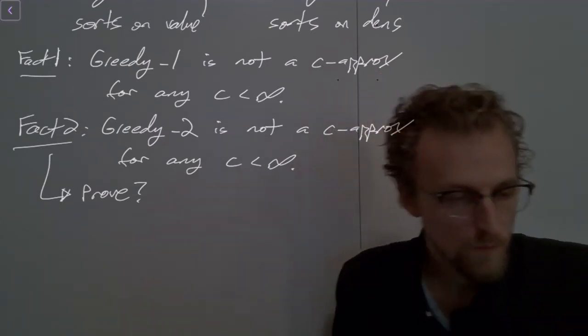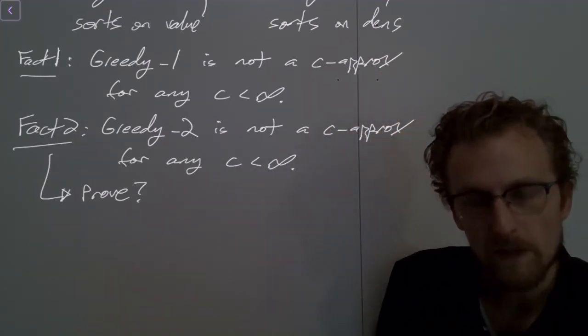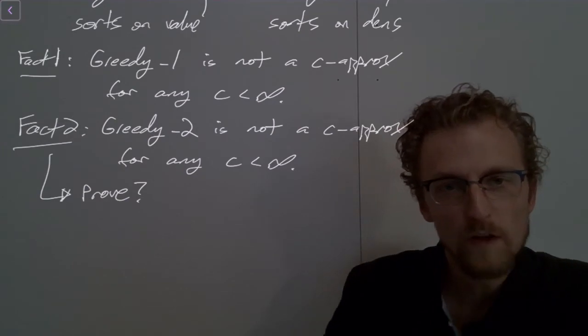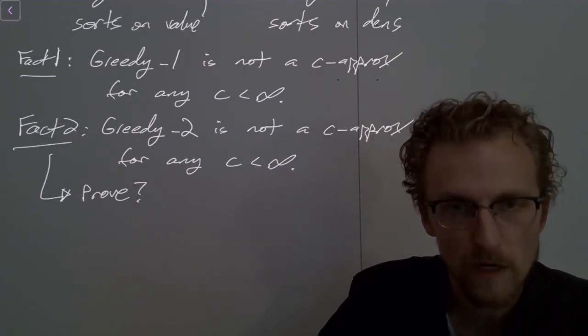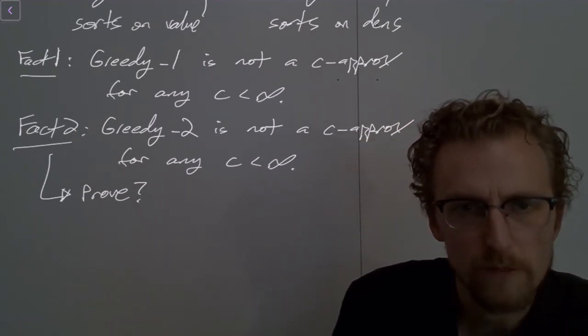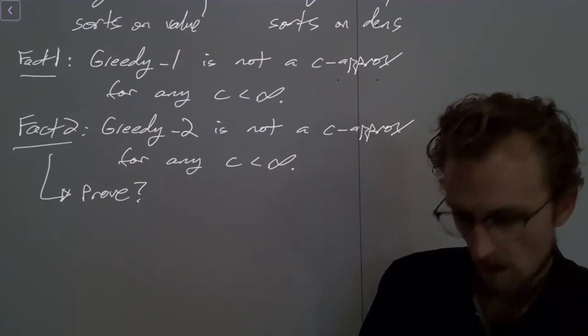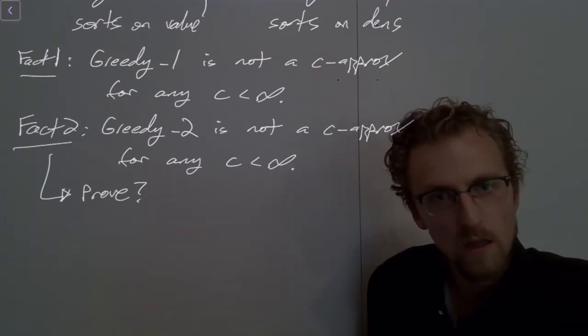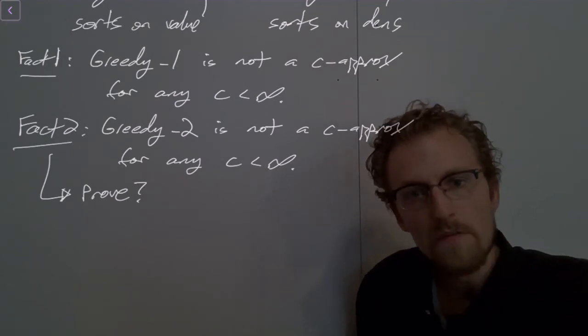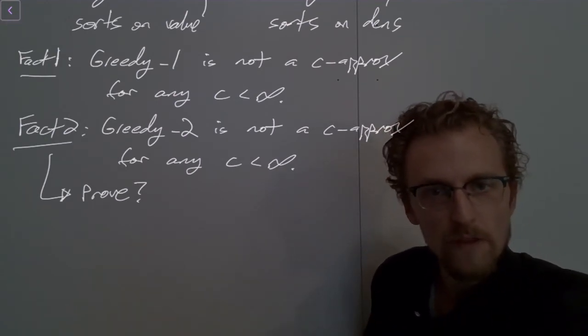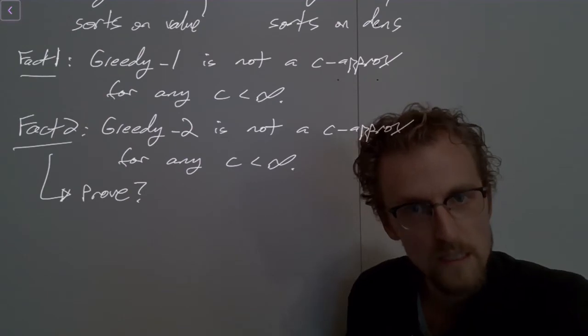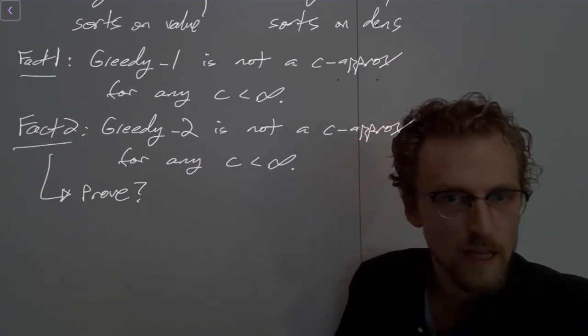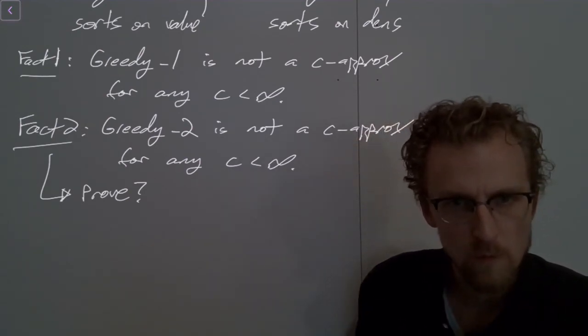Okay, so here's the way to think about this. The way to think about proving that an algorithm is not a constant factor approximation: the greedy algorithms see a list of items and sort along a particular axis, and then they walk down that list and take things until they can't take things anymore.